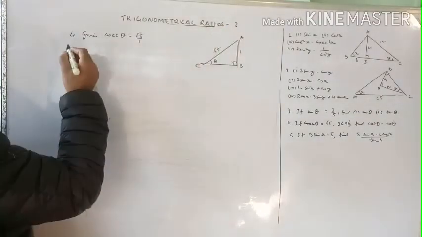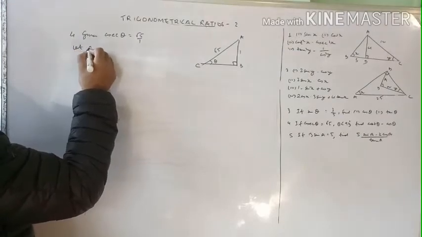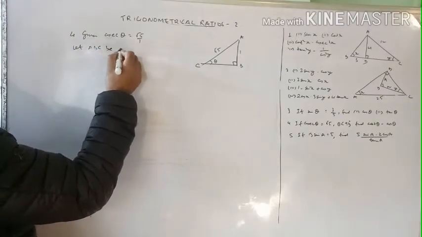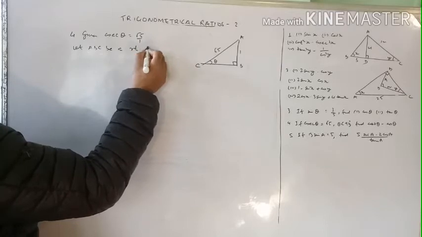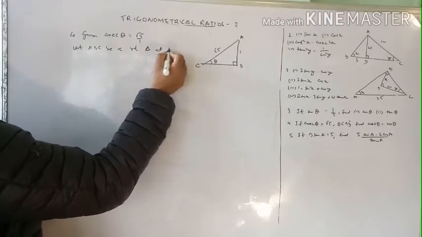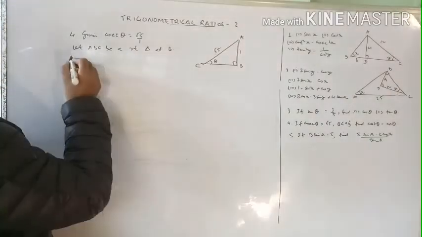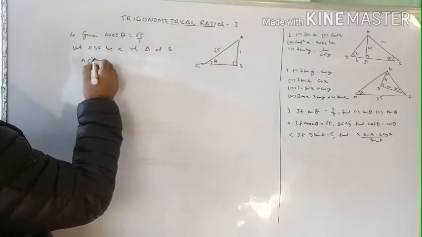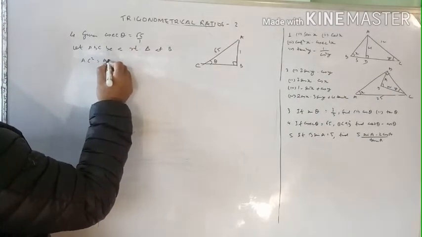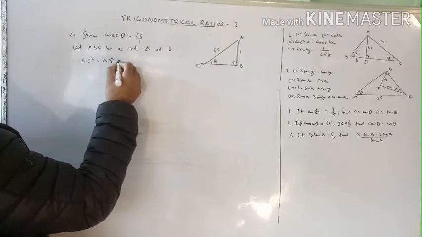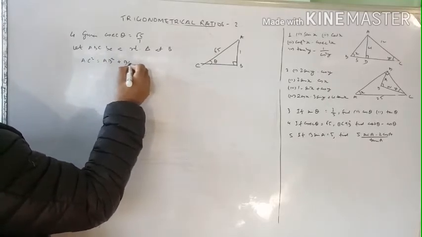So suppose ABC is a right triangle at B, means right angle triangle at B. Therefore AC square is equal to AB square plus BC square.